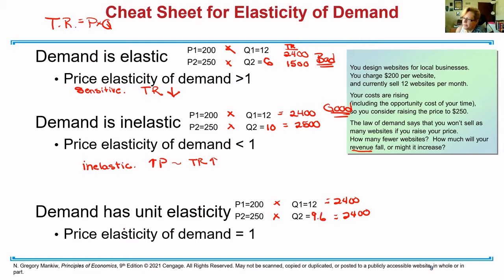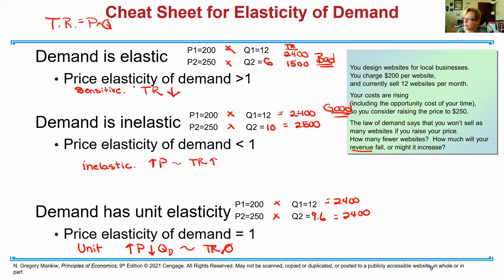I know that's goofy, but in this case, what we would say is we are unitarily elastic. And what that means is the increase in price had an exact quantity demanded effect. And because of that, total revenue remains unchanged. So the unit elasticity is 1. Doesn't happen a lot in real life.